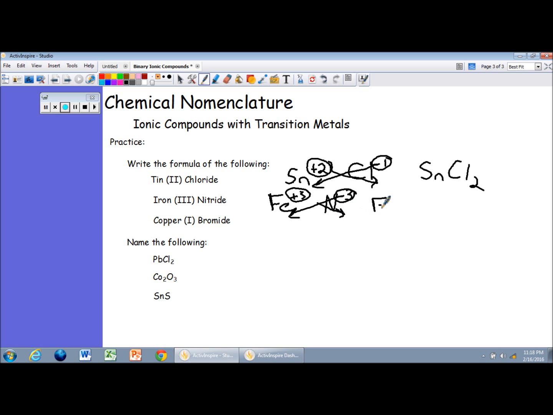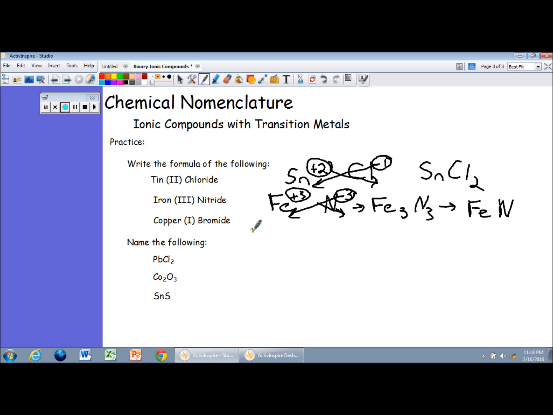So Fe3N3. Since our subscripts are exactly the same, we're going to reduce. So that becomes FeN. Again, when you have subscripts that are the exact same, reduce.